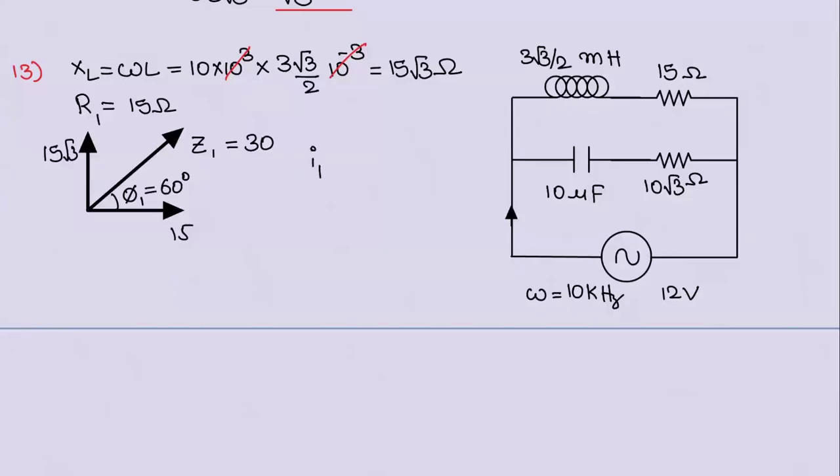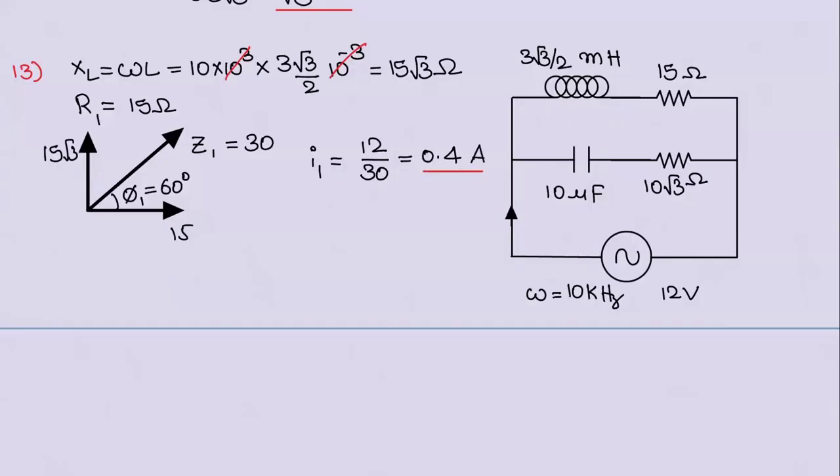So I'll calculate I1. I1 is equal to total V by total R. Total V is 12, total R is 30. I'm getting a weird number, but still fine. 0.4 ampere, I think it's okay.